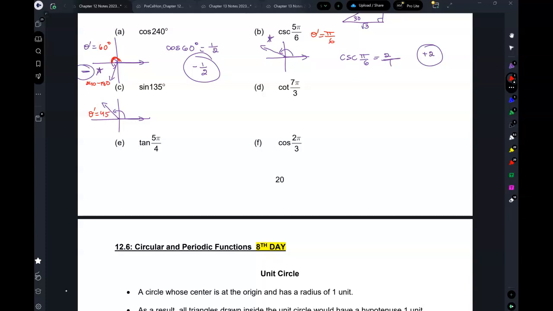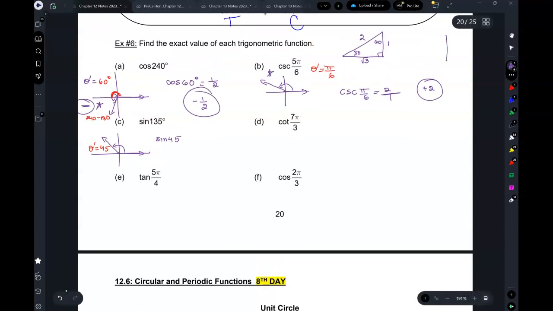So I need to find the sine of 45. Okay, that means I need to draw another triangle. How much is the sine of 45?